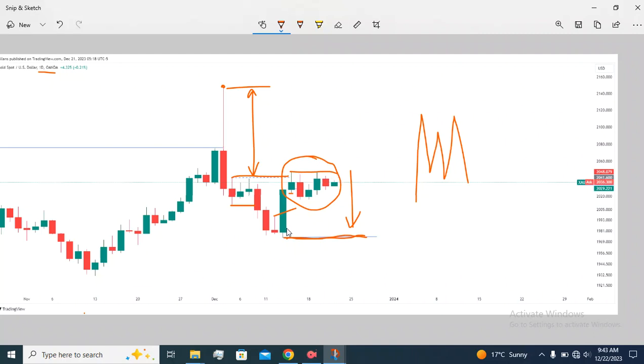When this market moved up, it left some internal liquidity as a form of FVG, and so after being filled, market tends to move for that external liquidity.